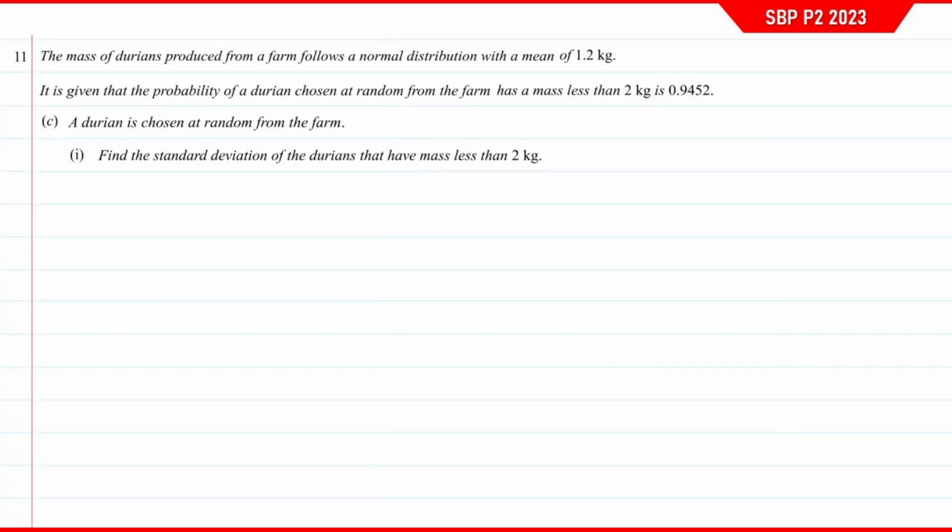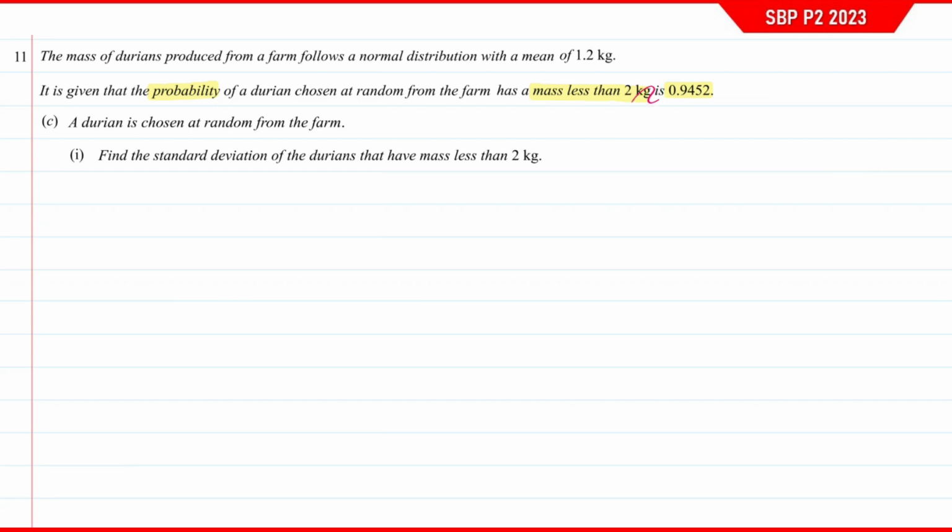Question C. A durian is chosen at random from the farm. 1. Find the standard deviation of the durians' mass. So we're going to solve this using the normal distributions. From the question, we know that the probability of the durians that have mass less than 2 kg is 0.9452.